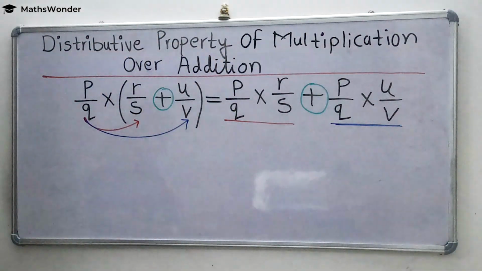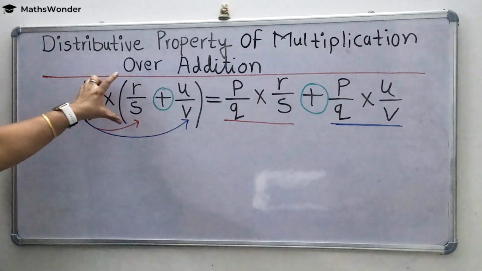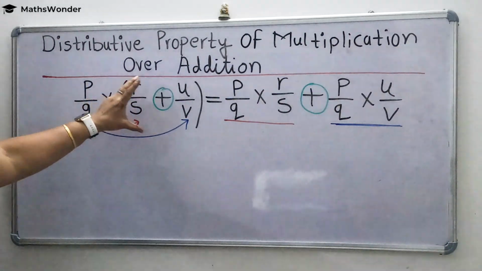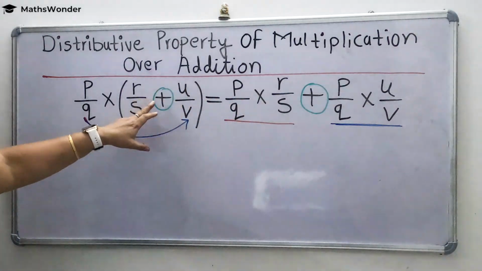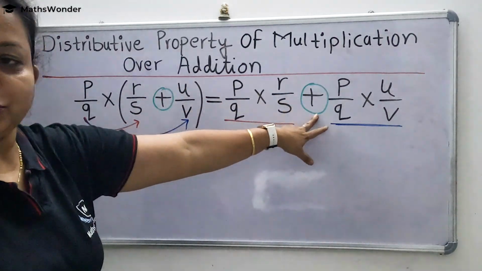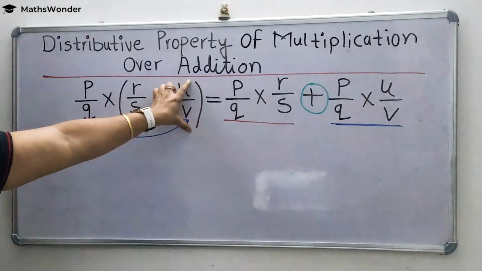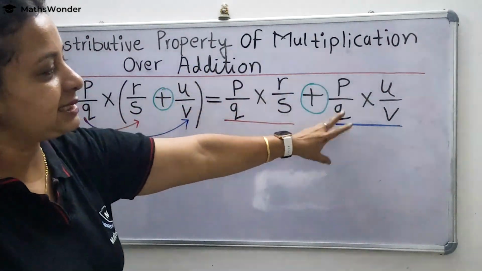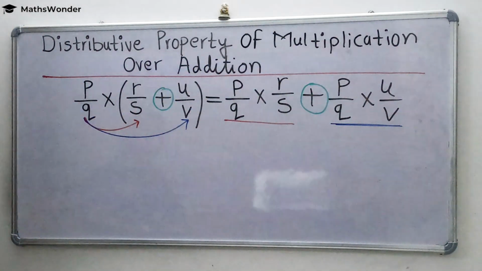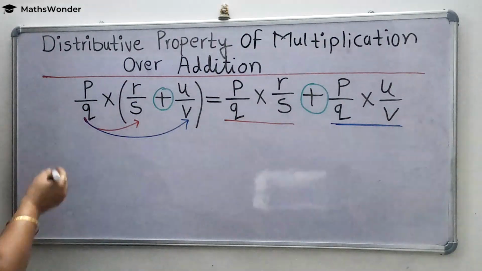So the distributive property distributes like this. Then P over Q again multiplies with the second part of the parenthesis. This is the format of the distributive property.